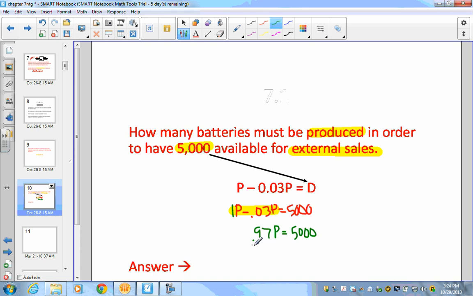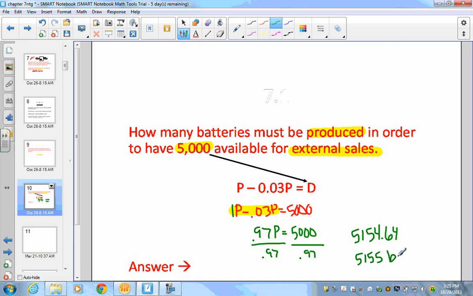Now, from here is nothing more than a middle school math problem where I'm just going to divide by 0.97 and divide by 0.97, and I get my answer, which is 5,000 divided by 0.97 is 5,154 batteries, and it's not a clean number, so it's going to give me a decimal. So I'm just going to go ahead and round up, since we're talking about batteries, and so we're going to round to the nearest whole, 5,155 batteries.